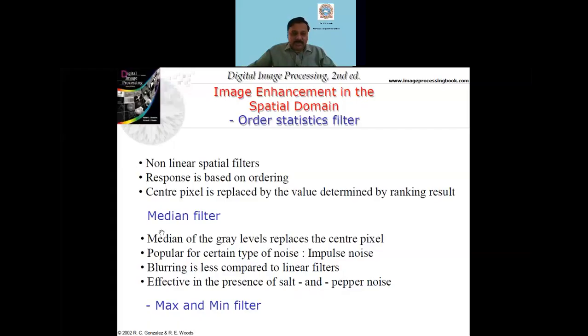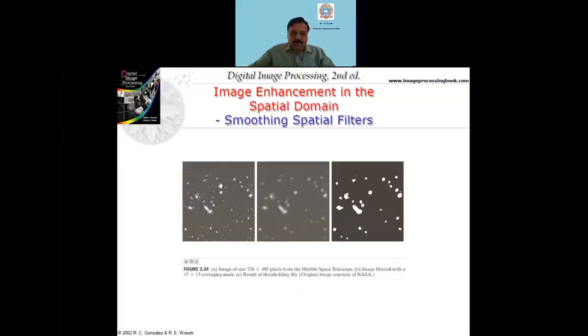So we discussed about smoothing spatial filter, and we saw how it would be useful in performing what is known as segmentation. When you are very particular about some part of the image to be recognized or identified as the foreground, if you have some noise like structure, then it's always better I smoothen it and then pass it through a thresholding technique so that I can recognize the required objects.